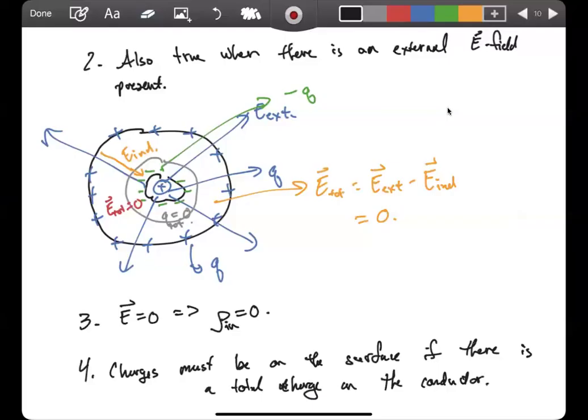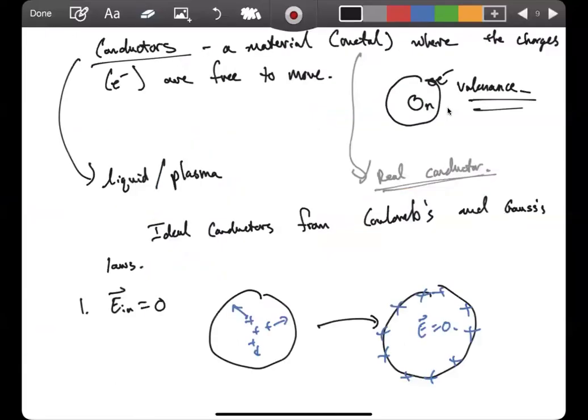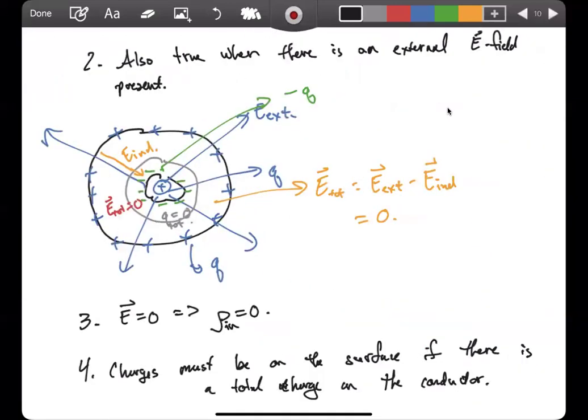So this goes back to what I said in the first one here. In the first one, if I put a total charge on there, all the charges have to move to the surface because Coulombic repulsion is going to push them away so that the total electric field on the inside is equal to 0, which means that, again, a consequence of that is that all the charges must be on the surface. Okay.